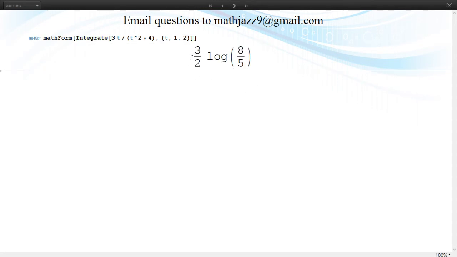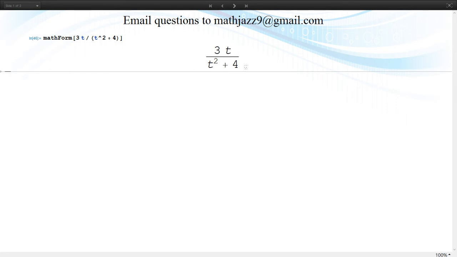Oh, this decided to solve it for us. This will be the answer. But maybe if I just write out the fraction. There we go. We're integrating this from 1 to 2.